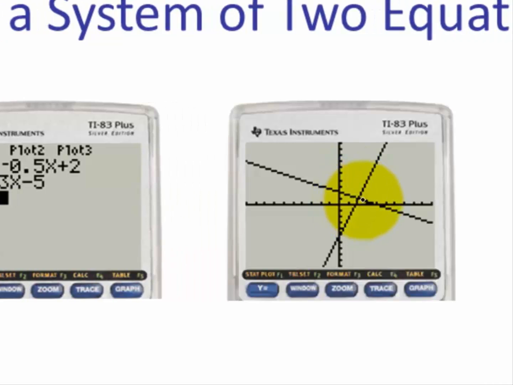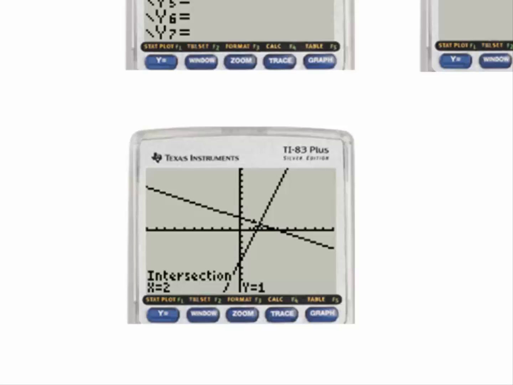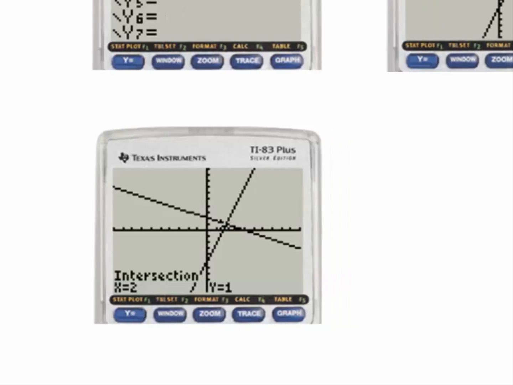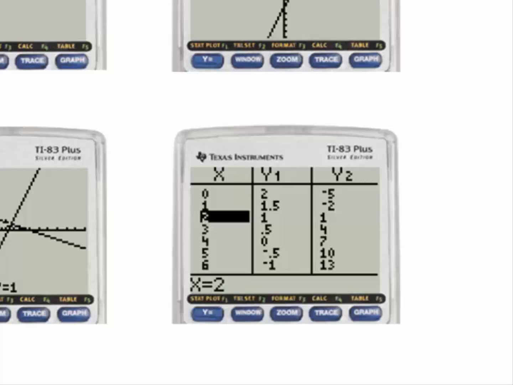We can see the point of intersection here, and if we hit second, trace, and number 5 for intersect, the graphing calculator tells us the point of intersection is at (2, 1). If we use our table, we can see when x is 2, y1 and y2 are the same value, 1.